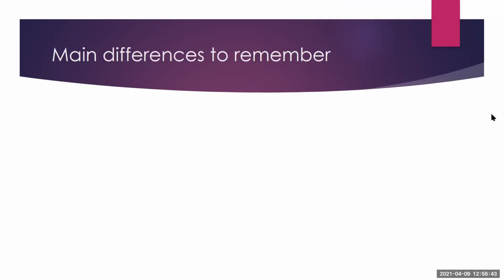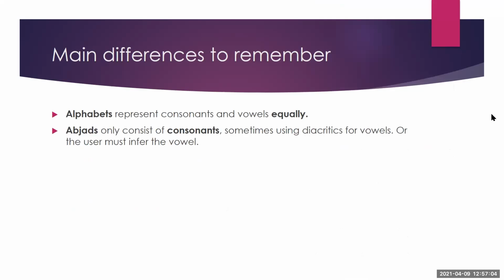So I just wanted to give you a few main differences to think about, because when I was learning about all this, at the beginning it was difficult for me to remember the differences between abugida and abjad and syllabary. Alphabets represent consonants and vowels equally. Abjads only consist of consonants, and they can have the diacritic, but like I said, you cannot have too many because then it's not an abjad. Ideally it should not have any vowels.